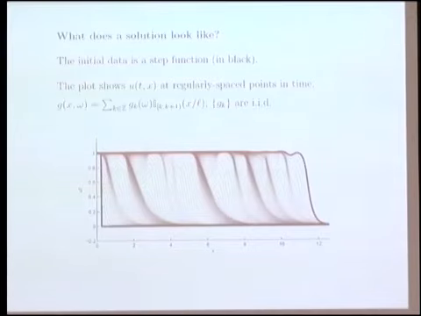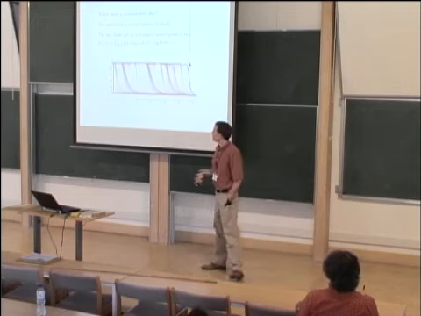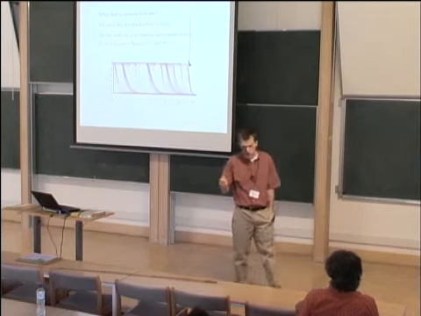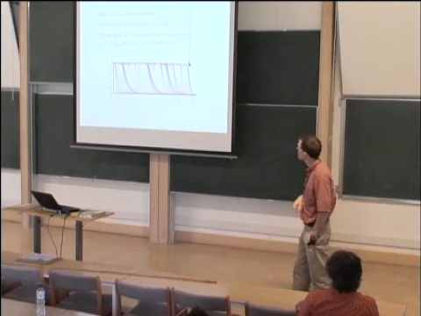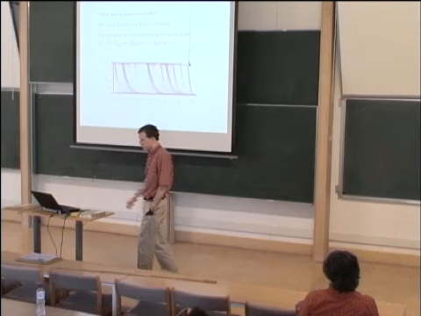And what you see is the solution plotted at equally spaced points in time. So you see the evolution of the front. The function g was randomly generated. It's piecewise constant. It takes values on each interval which are independent, identically distributed. And so you see that the front propagates forward.